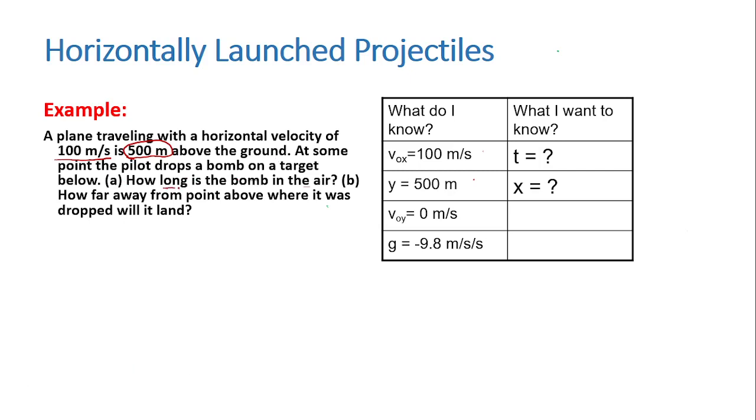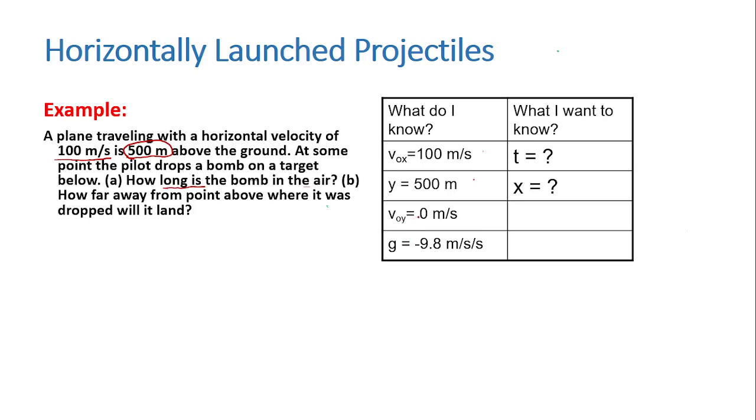Let me quickly look at how we can solve the time, because we are looking for the time, isn't it? To work out the time, we can easily use the y component.